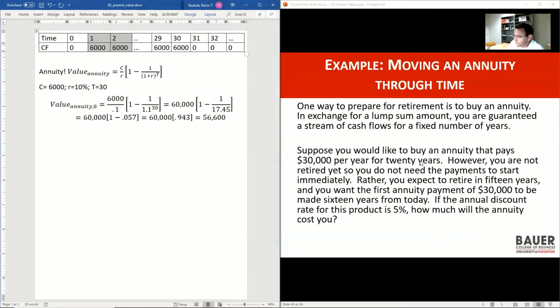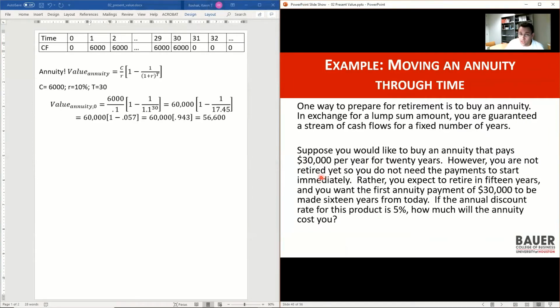In this annuity, you want it to pay you $30,000 per year for 20 years. So think you retire at 65, and you want this payment of $30,000 until you hit 85. That's one way to cushion your retirement.